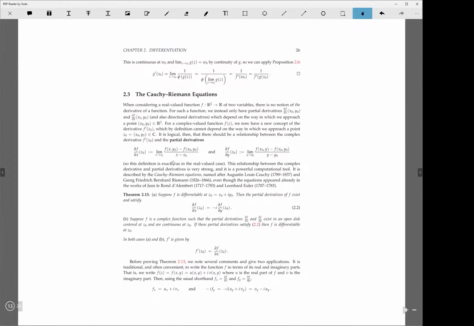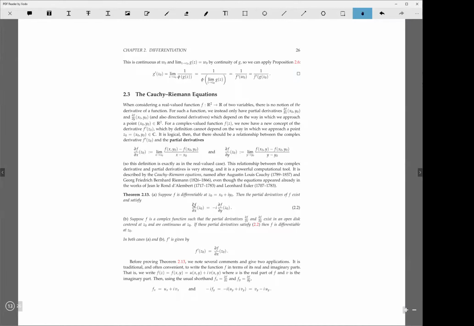Okay, so the Cauchy-Riemann equations. Now this part is quite important. So let me work it out right here.